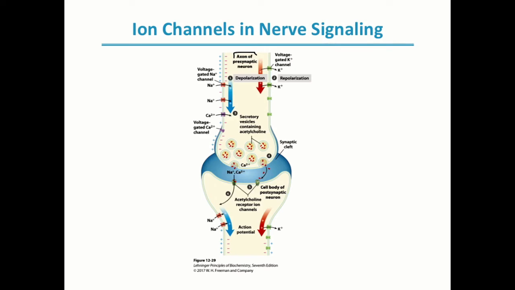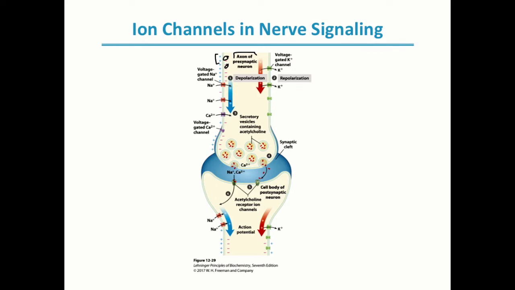Initially, the plasma membrane of the presynaptic neuron is polarized, where here the inside is negative and the outside is positive. This is maintained through the sodium-potassium pump, which pumps out 3 sodiums for every 2 potassiums pumped in.